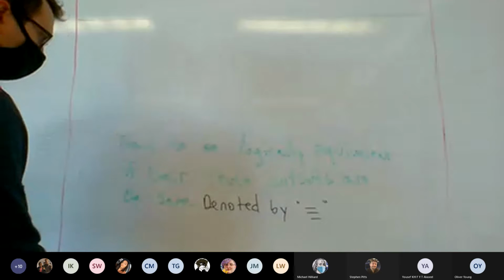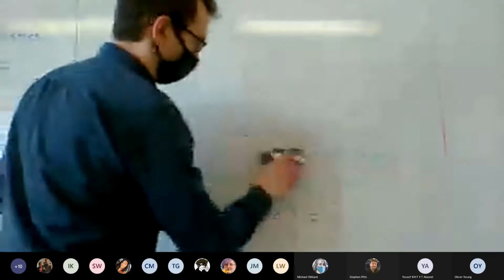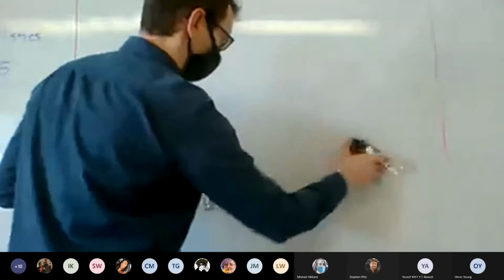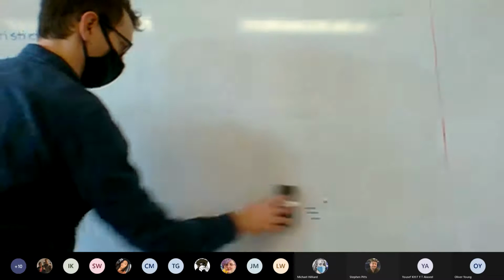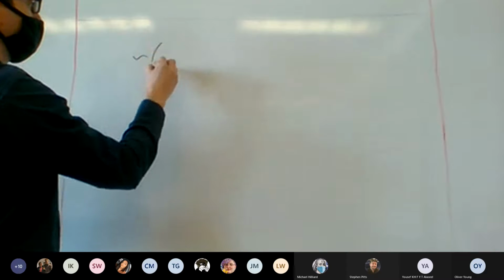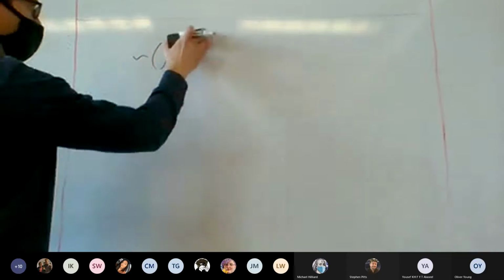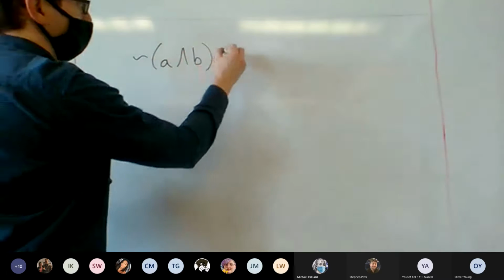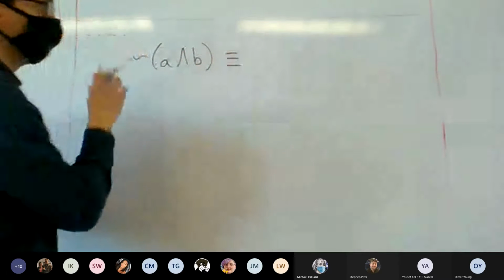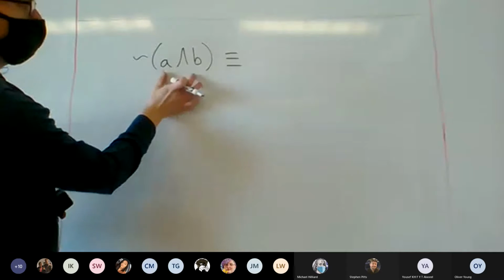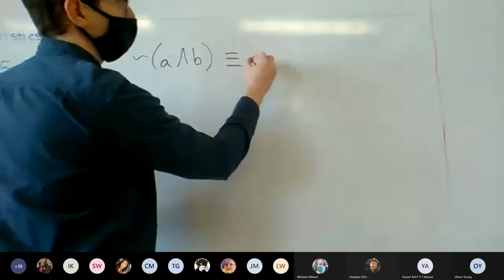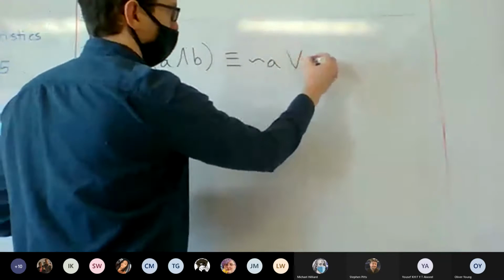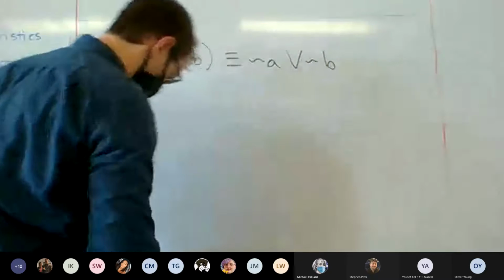Let's say, there's the negation of A and B is logically equivalent. So the way I read this is the negation of A and B is logically equivalent to the negation of A or the negation of B.